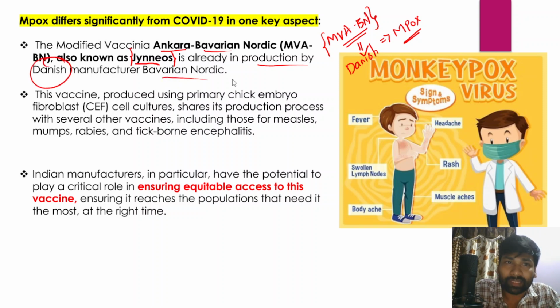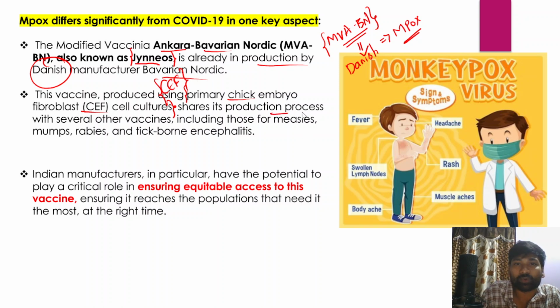This vaccine is produced primarily using primary chick embryo fibroblast, also known as the CEF method or CEF technology, that is, chick embryo fibroblast cell cultures. This method is being used for the production of the vaccine.